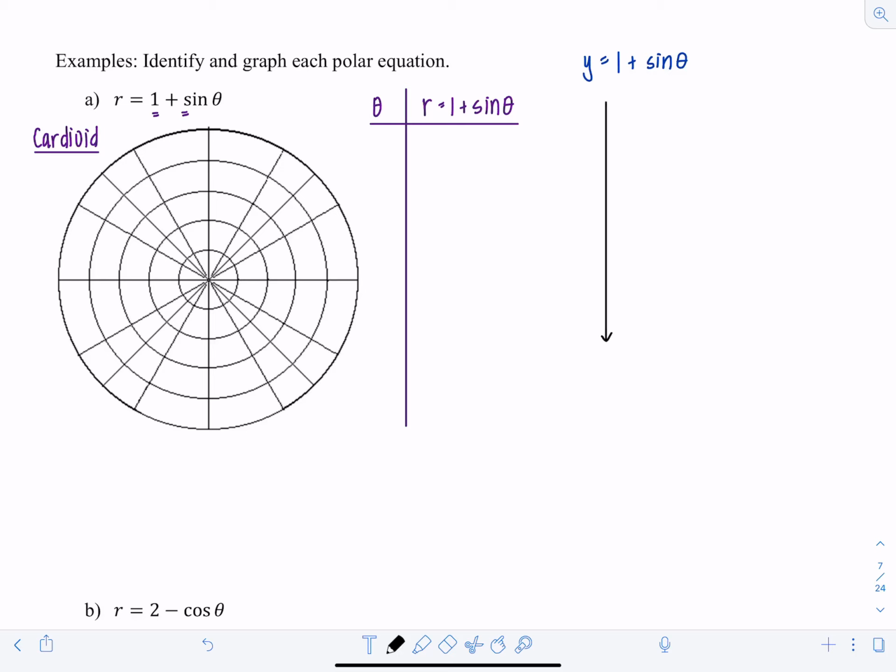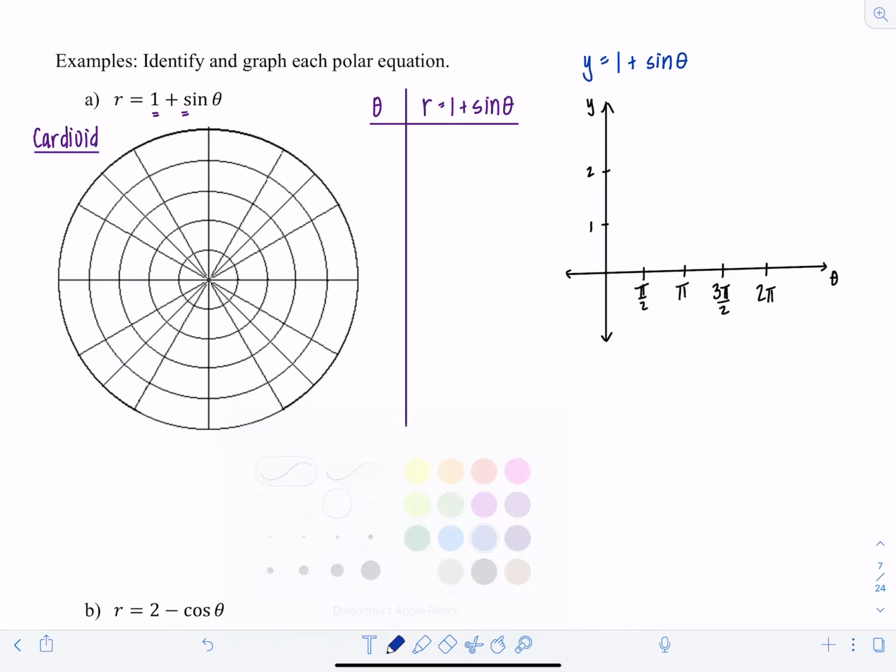So remember, sine's period is 2 pi, and then this has been shifted vertically up 1 unit. So here's 1, here's 2. So I'm going to have pi over 2, pi, 3 pi over 2, and 2 pi.